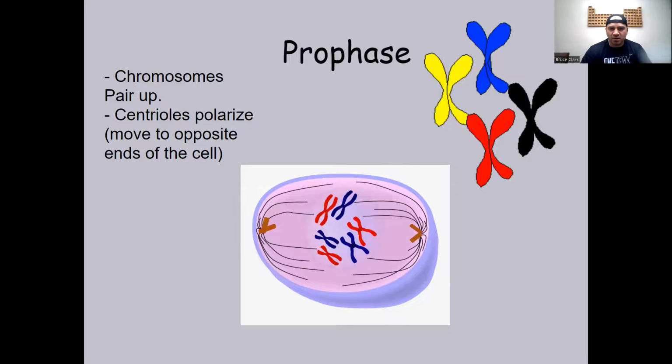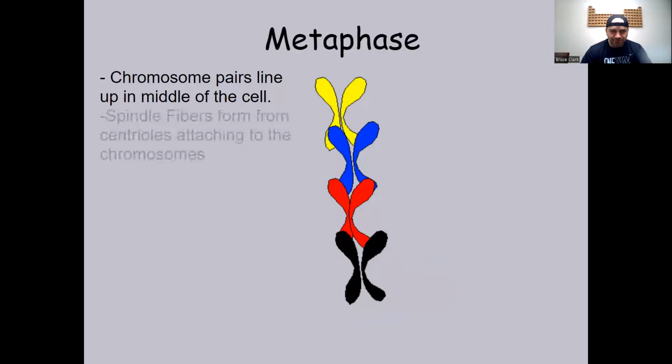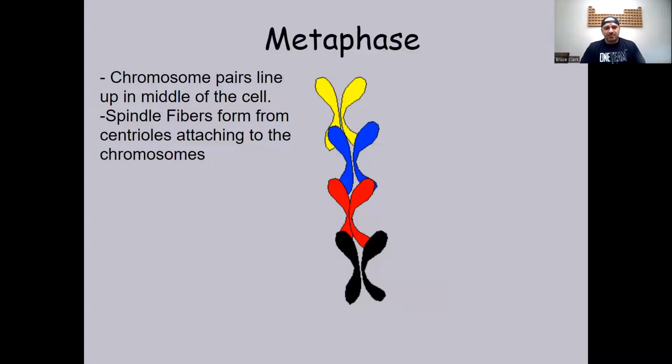Stage three, metaphase. Metaphase is going to be the easiest one to identify because in metaphase, chromosomes are lined up in the middle of the cell. The nucleus is gone, it has dissolved. What's left is we have these chromosomes lined up in the middle of the cell, paired up.